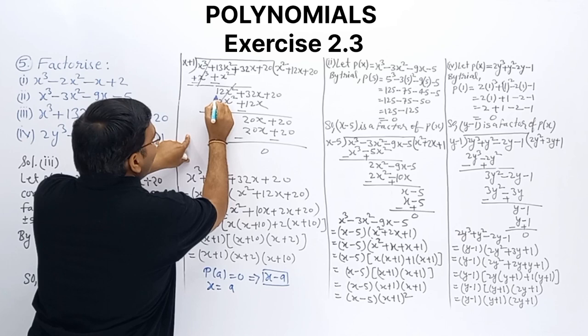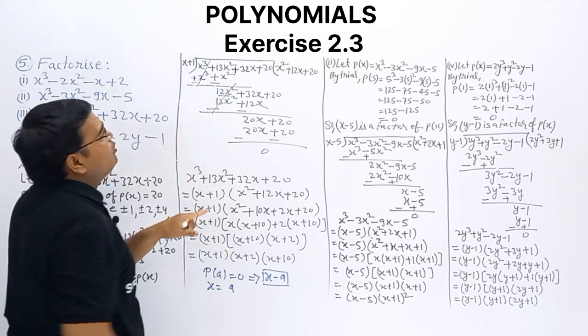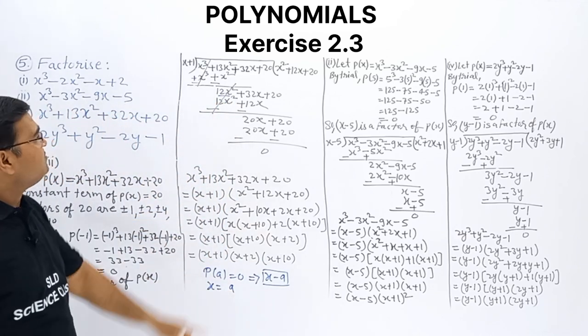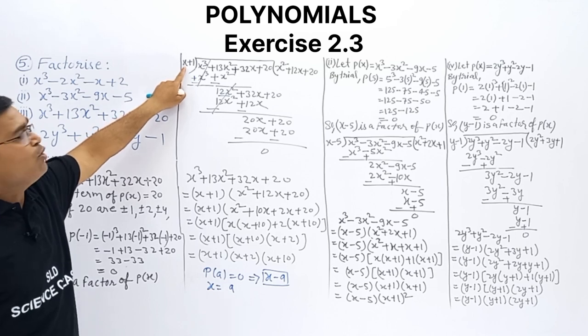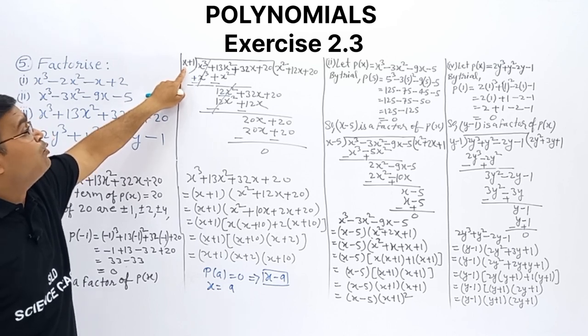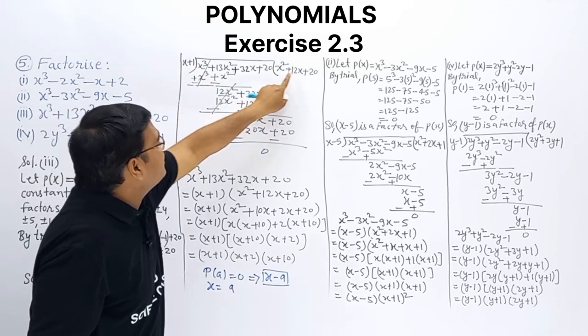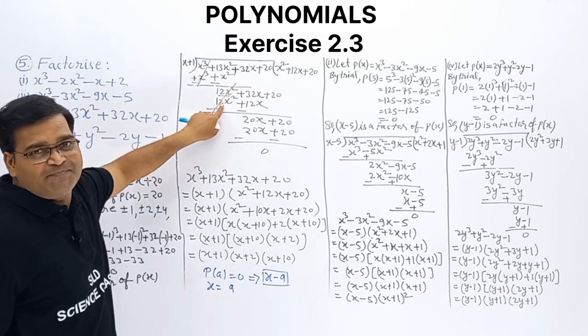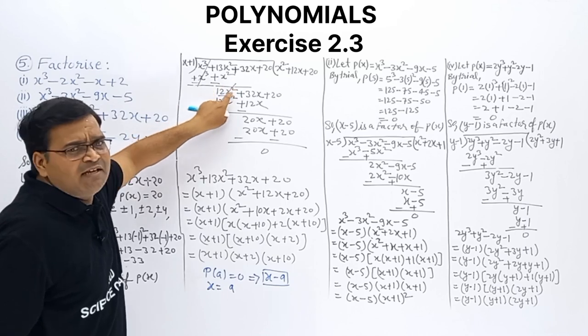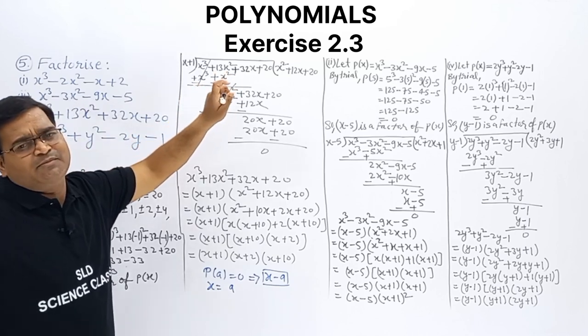Now come there. We want 12x square. There is the x, so this x will be multiplied by 12x, then we are getting 12x square. Whatever we received there, we want that one.